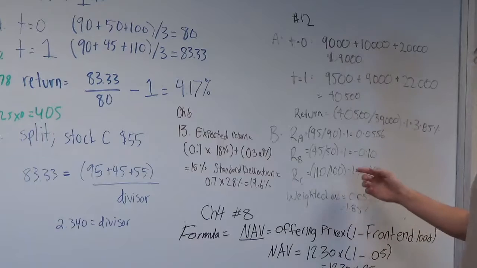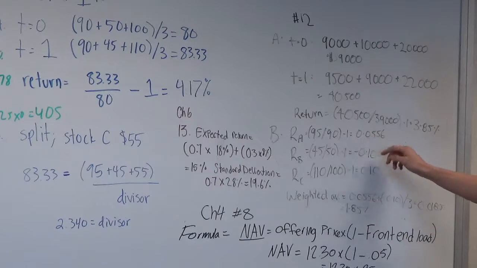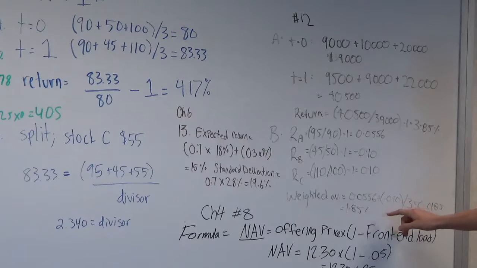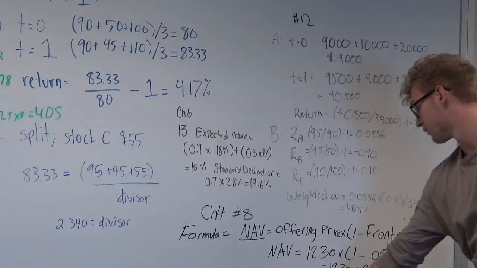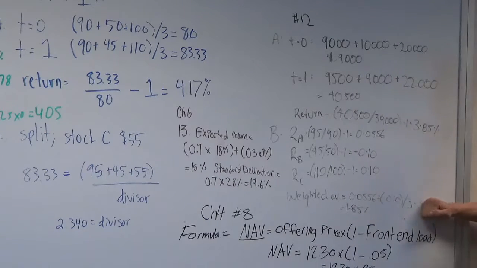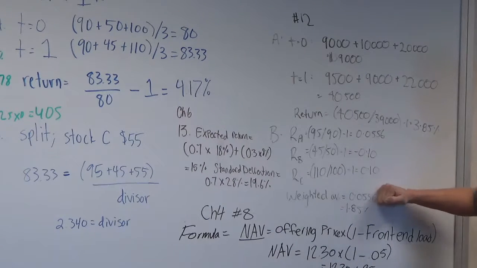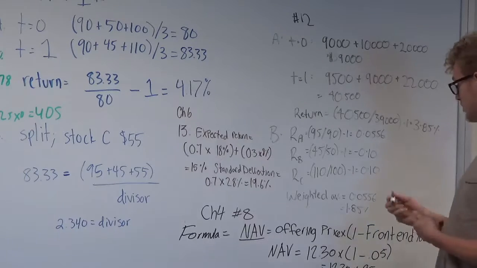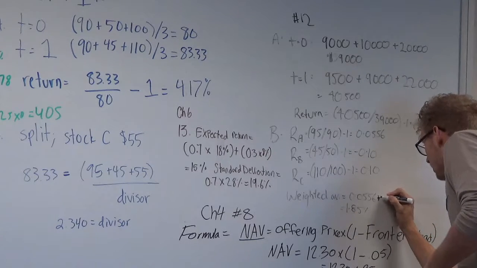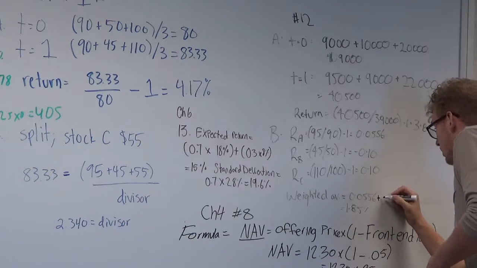So what I did is I just took the return on assets and got their percentages, and then got a weighted average by, oh, that's actually wrong, I should change that. By adding them all together and dividing by 3, and that gave me 1.85%, but I worked out the full equation. So in number 11, that's the percentage change in the index level.